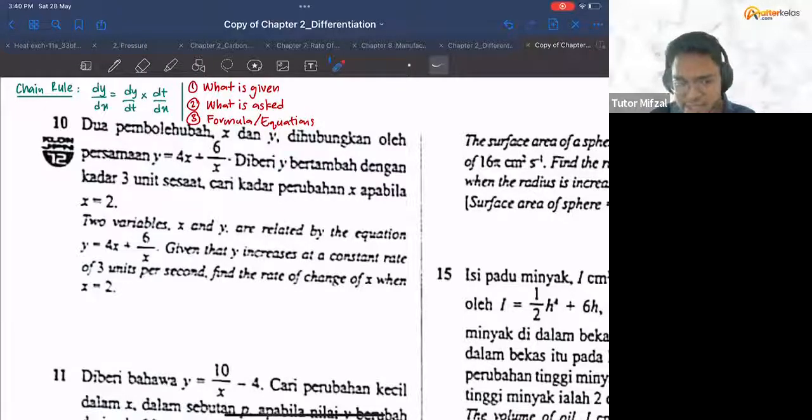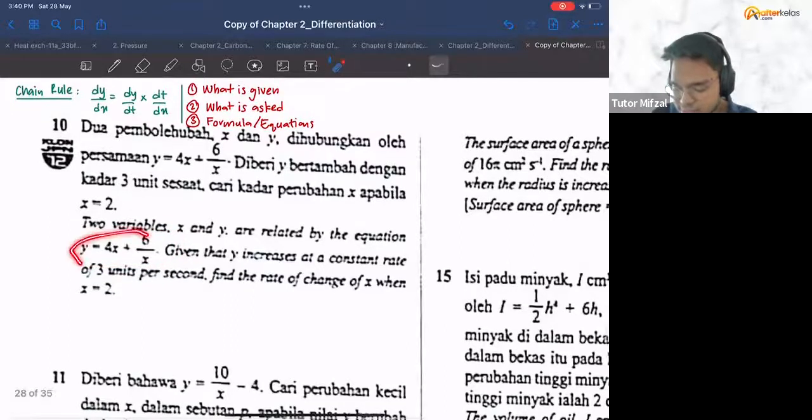So look here, it says two variables x and y are related by the equation y equivalent to 4x plus 6 over x. Now guys, this is the formula or the equation. So you guys put a small note over there: y equivalent to 4x plus 6 over x.